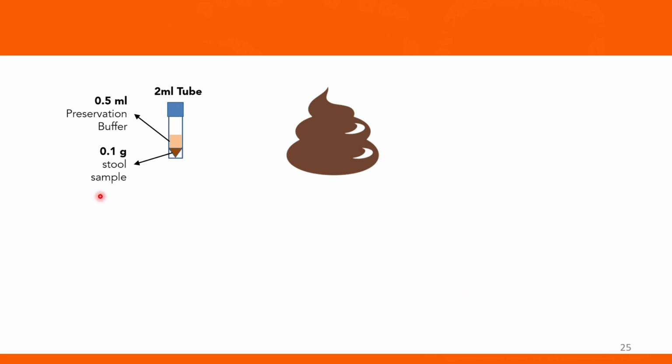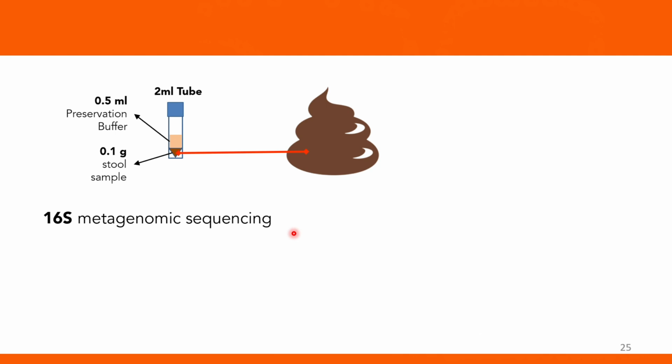Okay, so here is a stool. Before, people only collected 1 point of the stool, maybe 0.1 gram stool sample, and preserved it in 0.5 milliliter preservation buffer to do 16S metagenomic sequencing to check the bacterium population inside the stool.